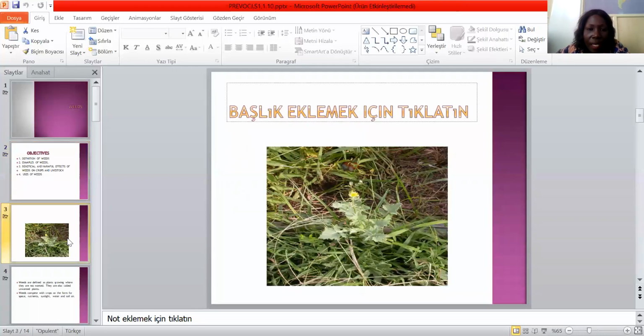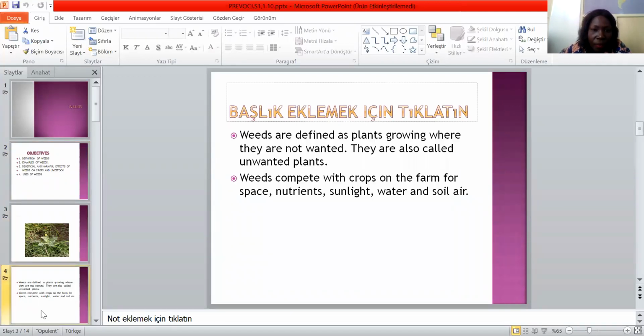The picture here is a typical example of weeds. What are weeds? In short form, weeds are defined as unwanted plants. They are plants that grow where they are not wanted. Man does not plant them, but they grow as a result of their seed being on the soil, or other portions of plants found on the soil.